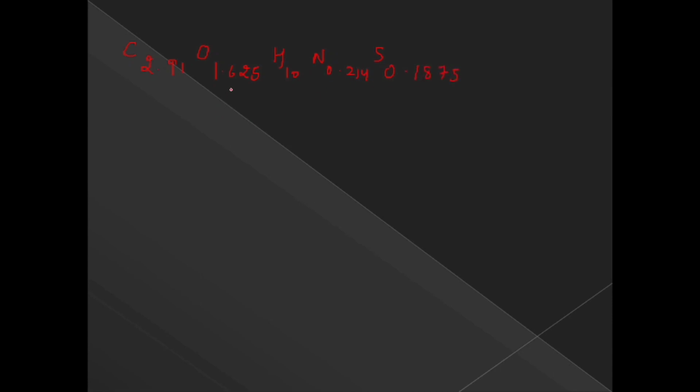All these proportions give me a reaction that is equal to 2.9 times carbon dioxide plus 0.1875 times sulfur dioxide plus 0.214 of nitrogen dioxide, and the last one is 5 times water.